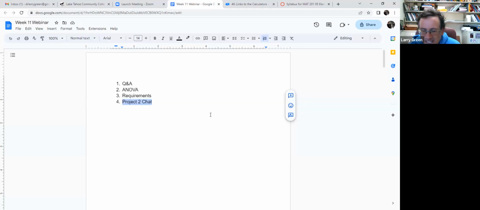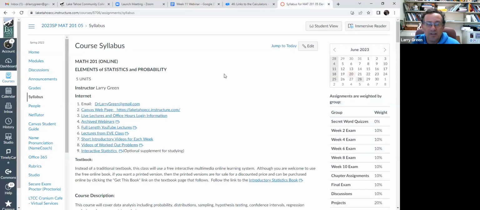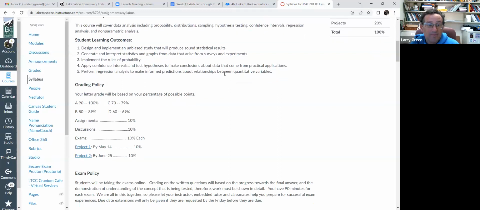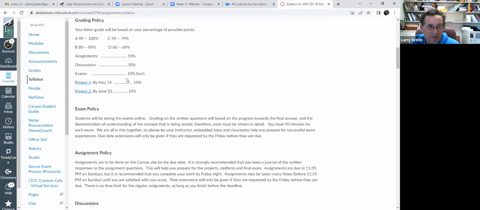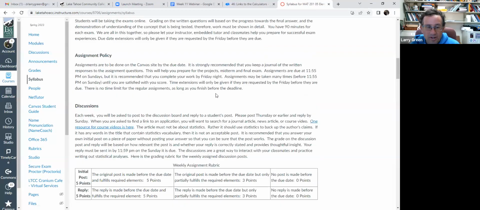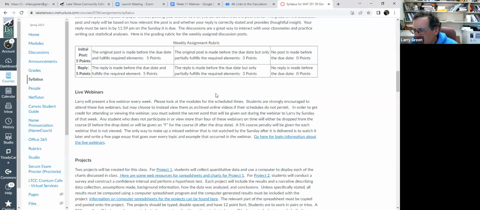Just a note in terms of our calendar, and I think it's worth it to look at the syllabus for the class. Again, project 2 is due June 25th. We're at the end. The very last day, basically, to submit anything is a week from tomorrow, 8 days from today.